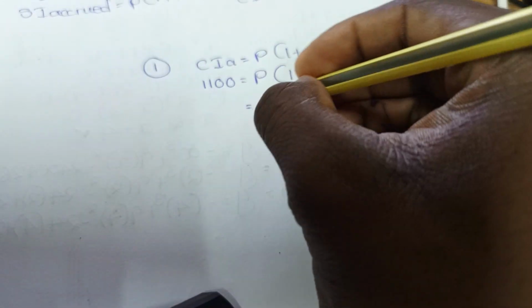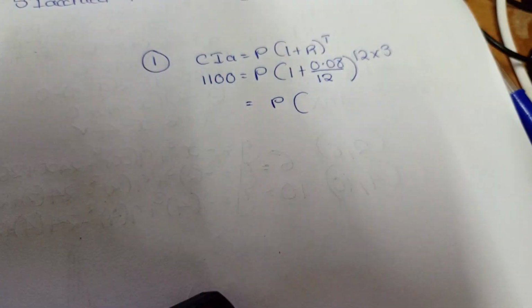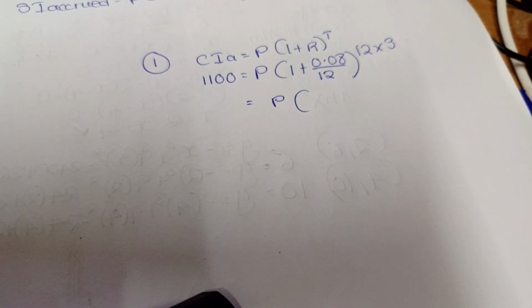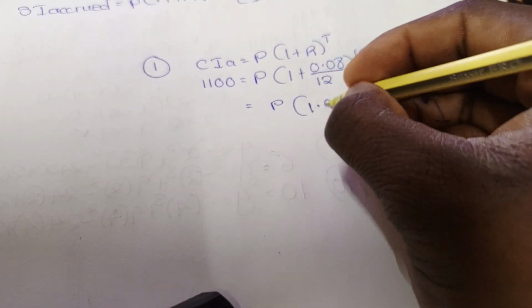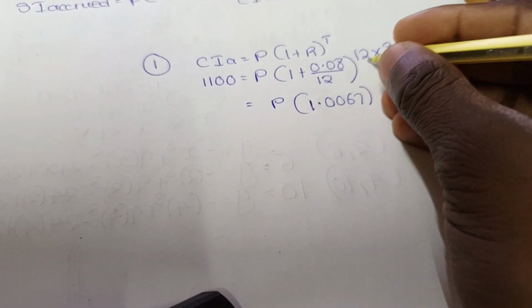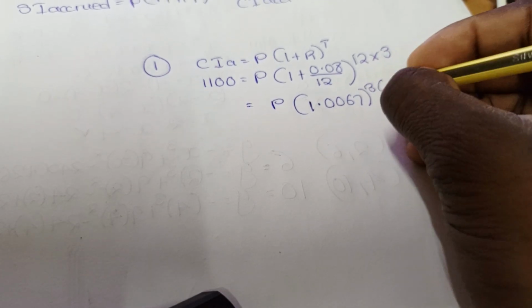So principal times (1 plus 0.08 divided by 12), that is 6.67 times 10 to the power negative 3 plus 1, giving us 1.0067. Then 12 times 3, that is 36.